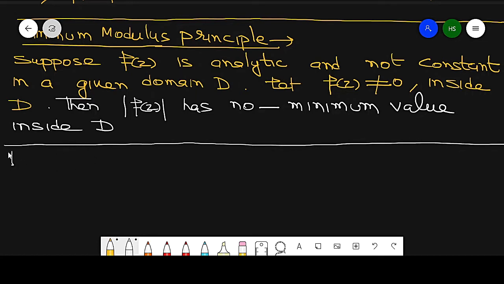We will prove this result by using the maximum modulus principle.